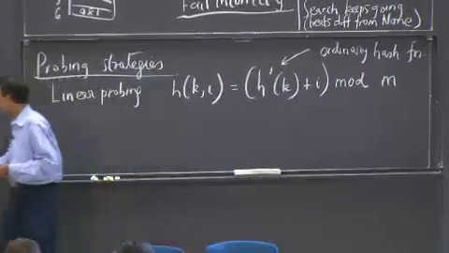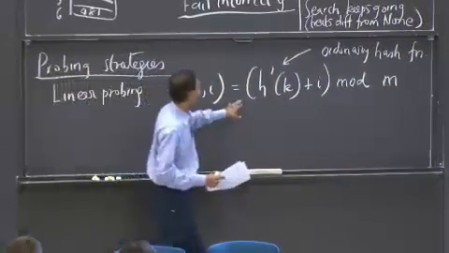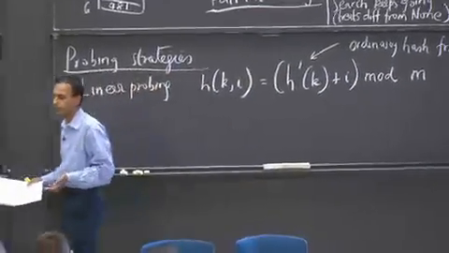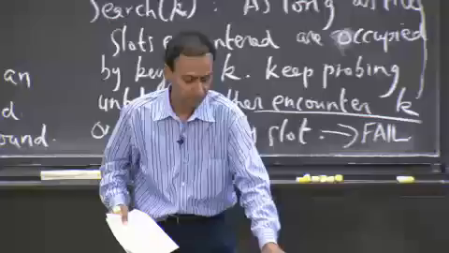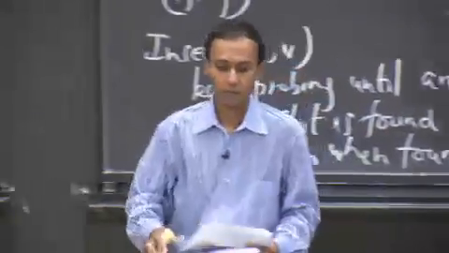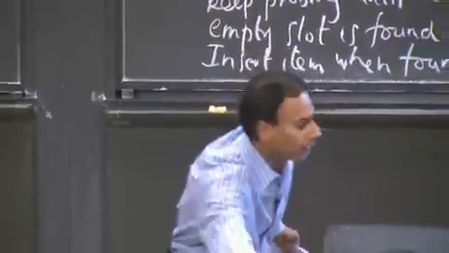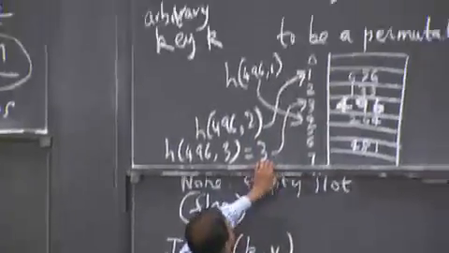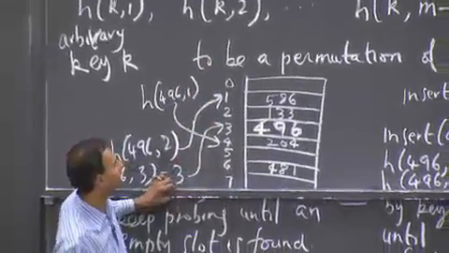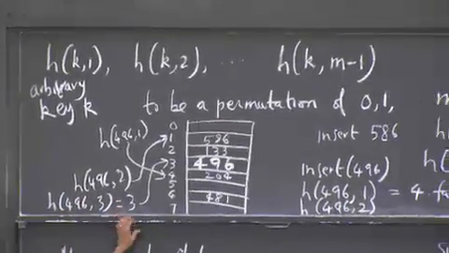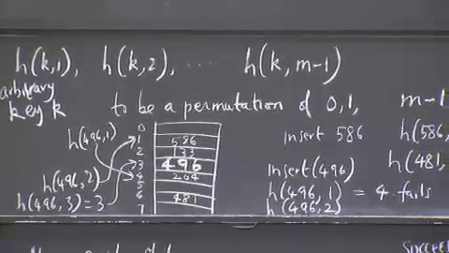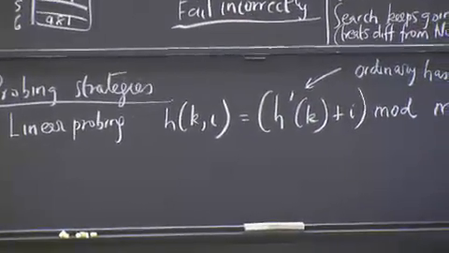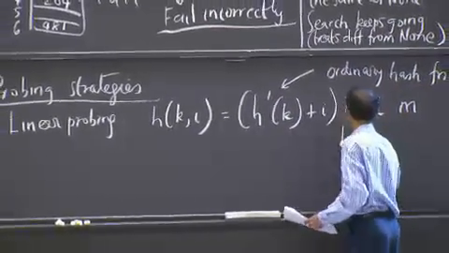Okay, that looks pretty straightforward. Does this satisfy the permutation property, that I want h(k,0), h(k,1), up to h(k,m-1) to be a permutation? Yep, because when I start adding, the mod is precisely this round-robin cycle, so it's going to satisfy the permutation. That's good.